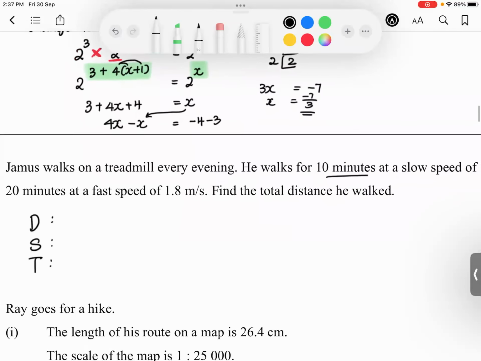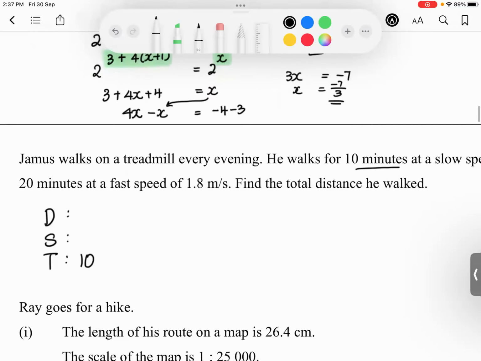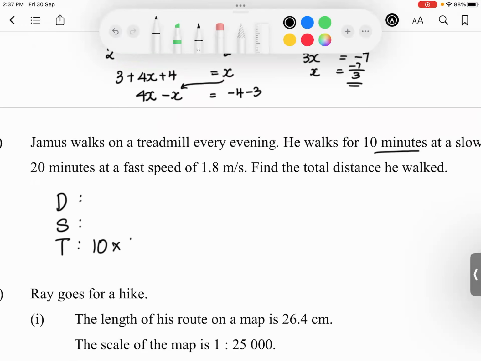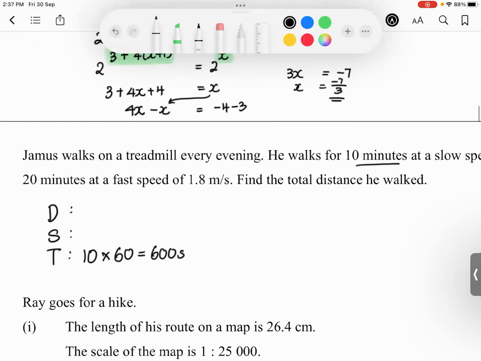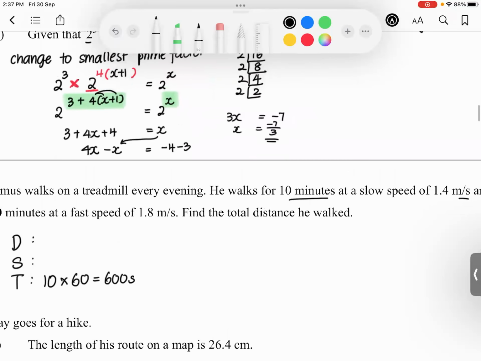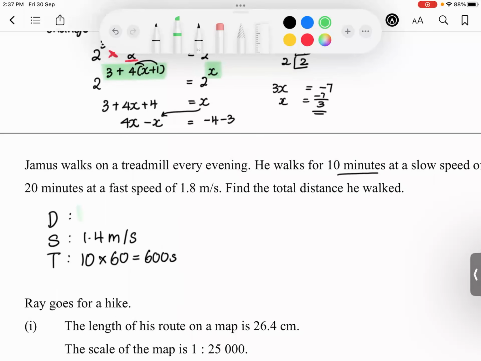My timing is 10 minutes, so I change it to seconds. 1 minute has 60 seconds, so this will be 600 seconds, at a slow speed of 1.4 meters per second. That helps me find the distance later on.